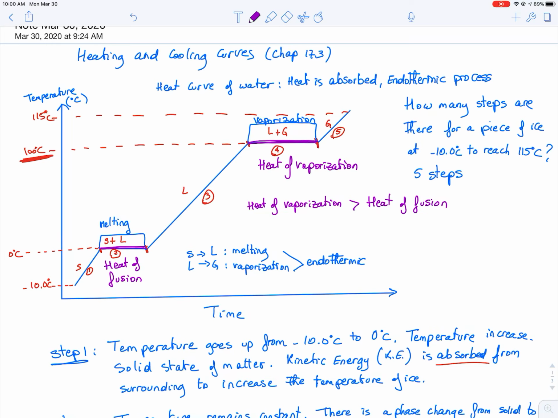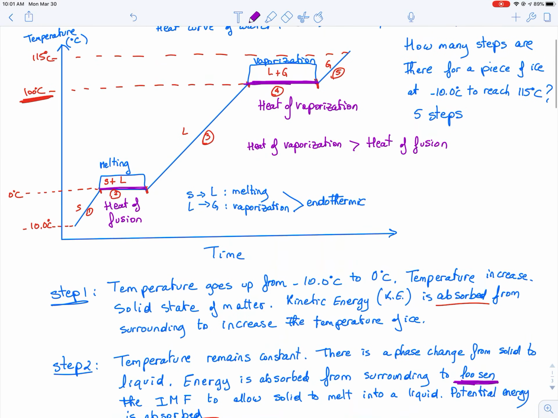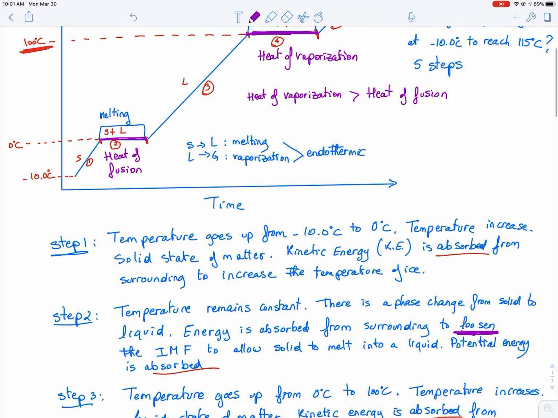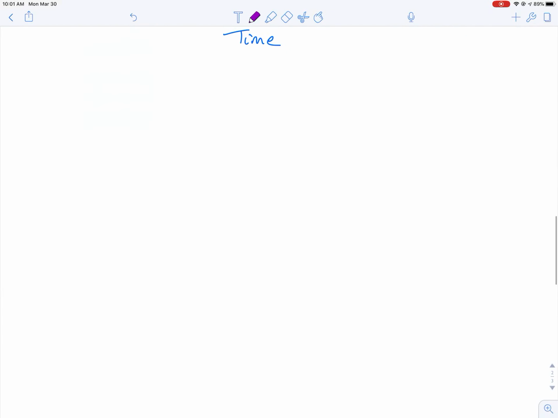That's why the plateau here for the melting is not as big as the one for vaporization. Okay? All right, so with that said, I just want to go back to the phase diagram, say something about it, and compare it a little bit to the heating cooling curve. Okay, so let me just draw a phase diagram. And I'm going to go ahead and draw the phase diagram of water.